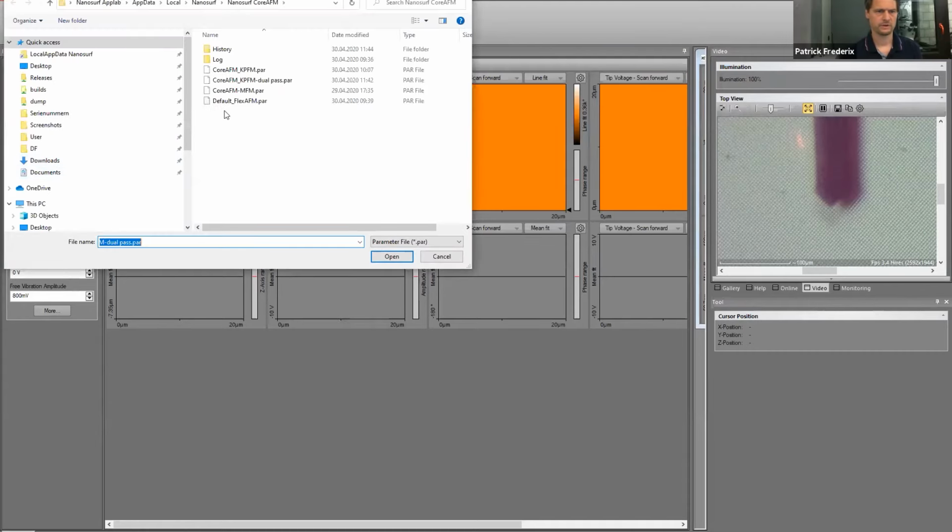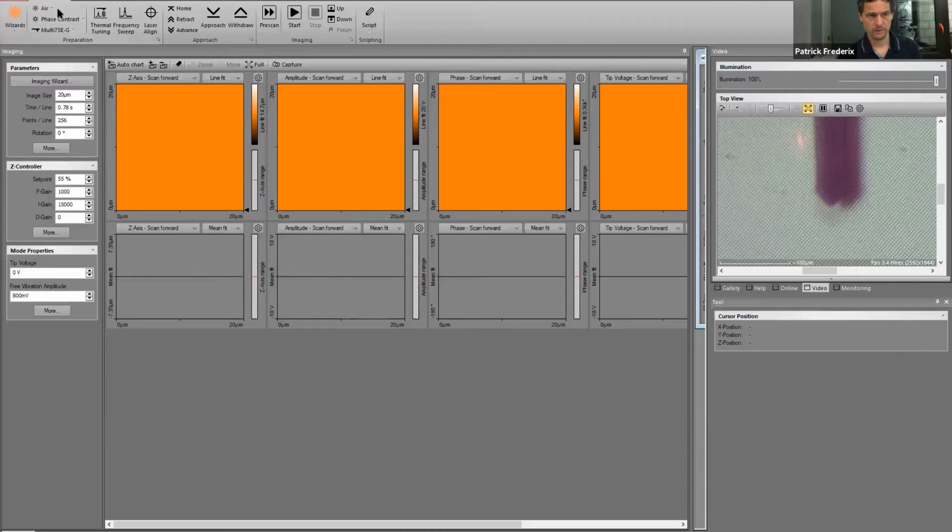And you see I have here two parameter files for KPFM. I have a normal one and a dual pass one, so I can store every parameter set that I want to use for an experiment. I can save that and then load it for later use again, so that I don't have to make all the adjustments every time.